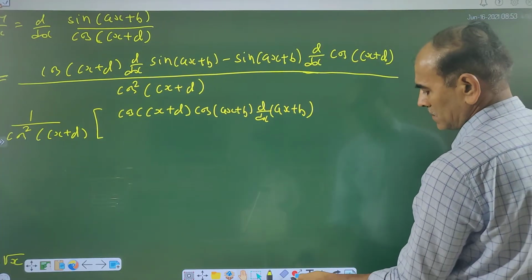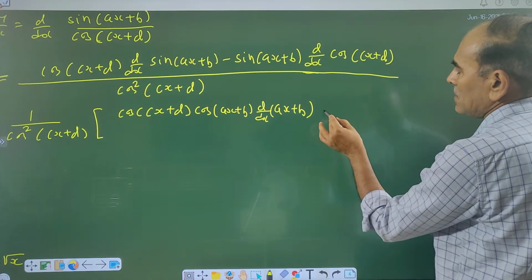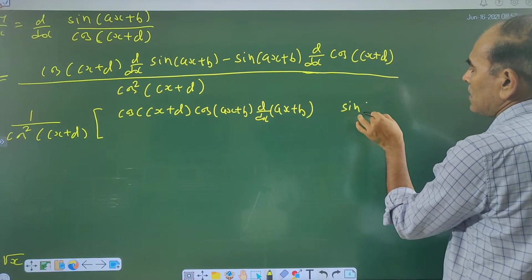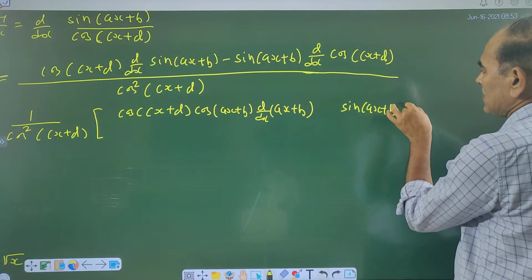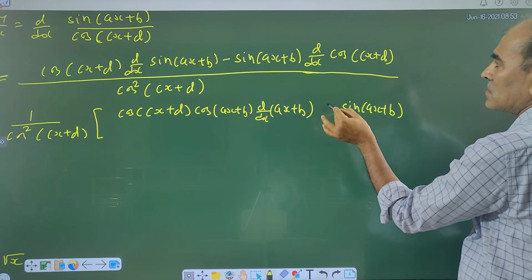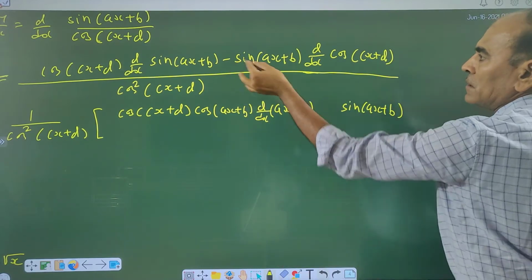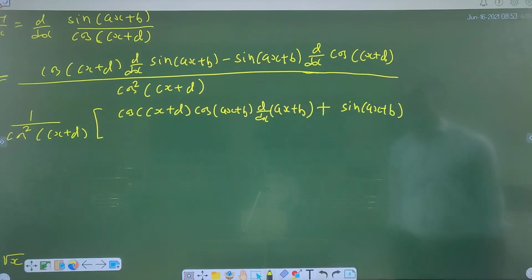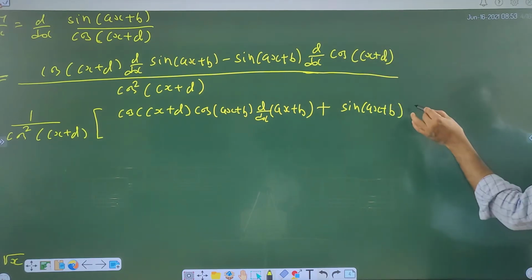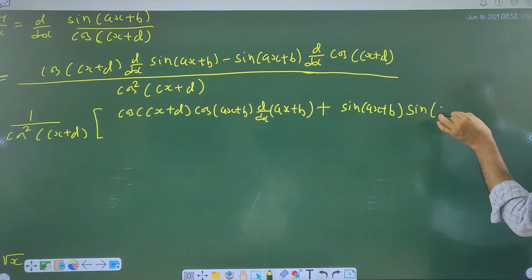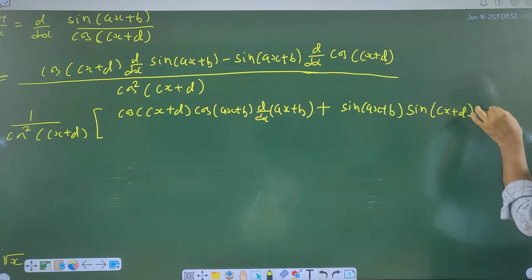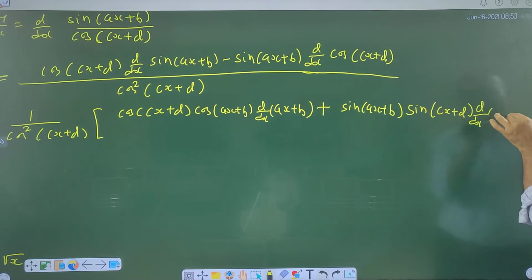Then sin(ax + b) as it is. So minus, already a minus sign is there, so plus cos of some function, sin of some function, d by dx of the function (cx + d), and this bracket is complete.